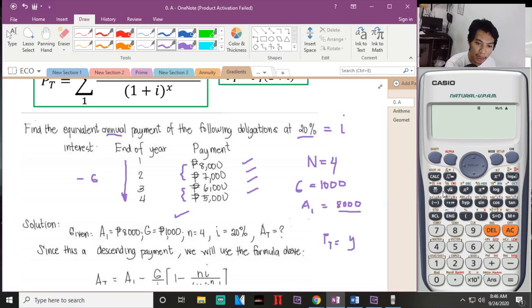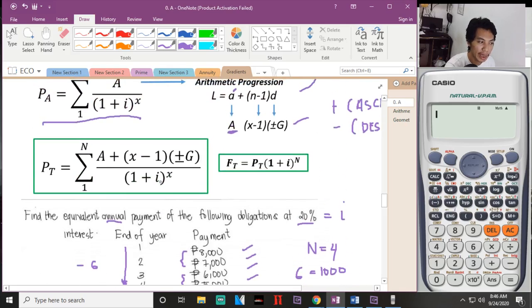Ngayon, nahanapin natin yung A. Since it is annuity lang naman, ang gagawin ko, hanapin ko yung annual payments.